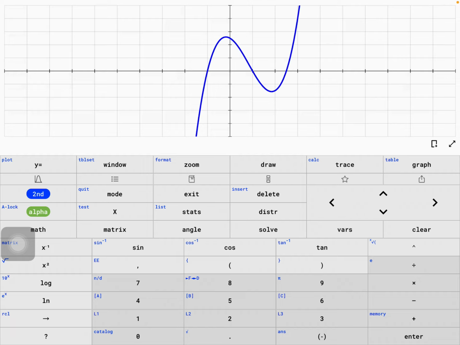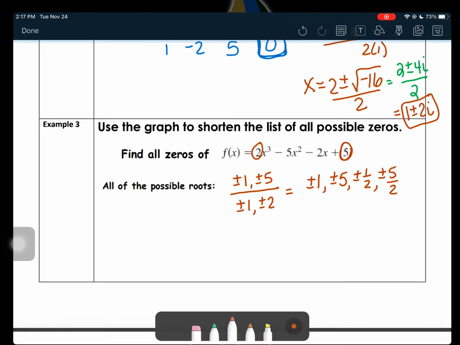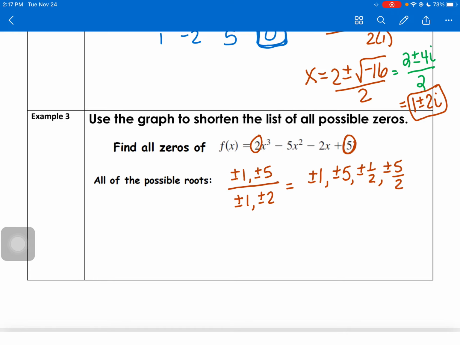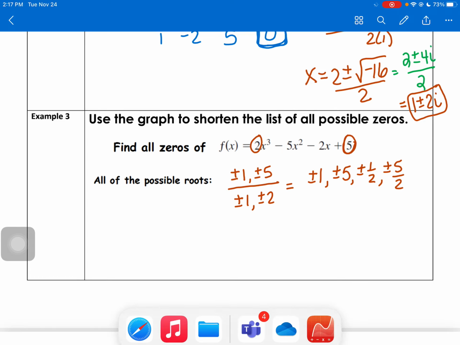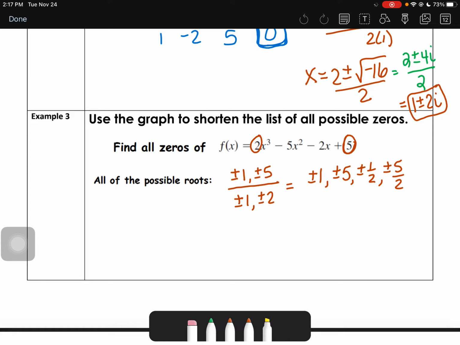So when we look at this polynomial function, we are looking for the solutions or the roots, and that's where you're crossing the x-axis. So it looks like we could either pick positive 1 or negative 1 as where we're crossing the x-axis. So let's pick positive 1 to go in. So positive 1, and we will do our synthetic division.